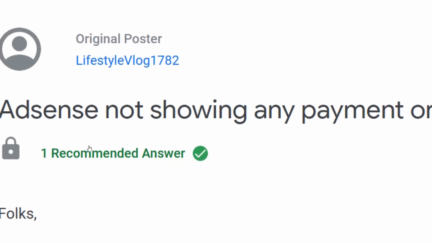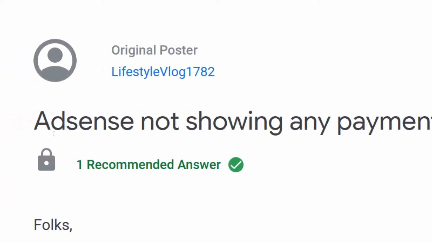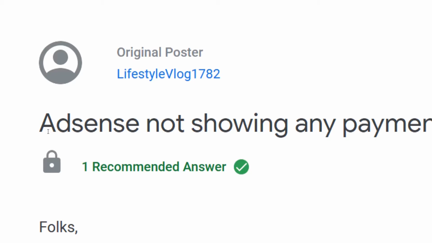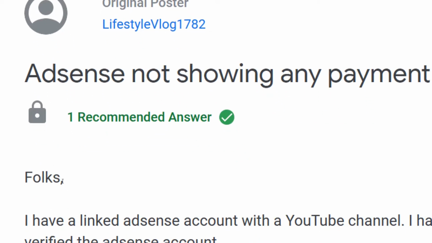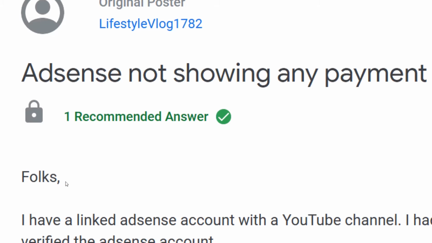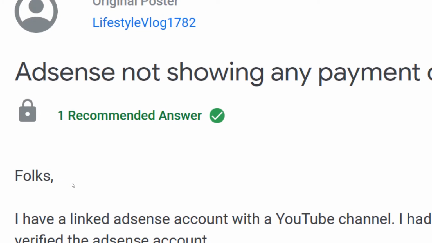Somebody said AdSense is not showing any payment or data from YouTube. I've already explained that AdSense has made it clear that it no longer displays YouTube monetization metrics in the revenue report.